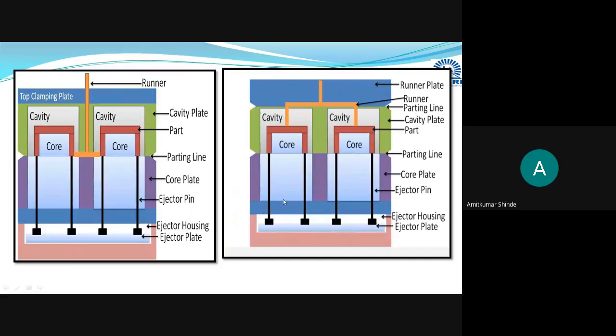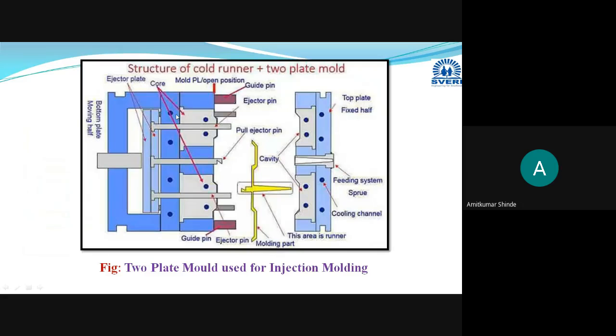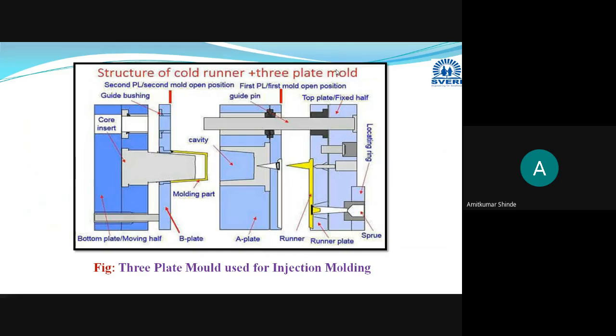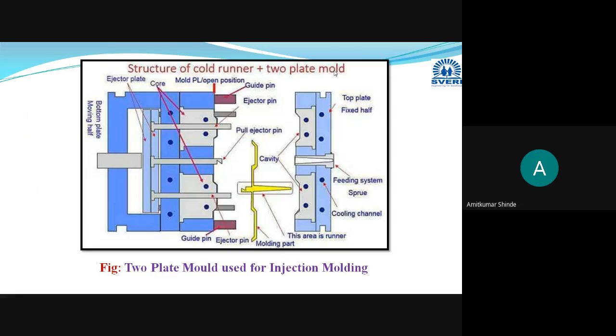These are two plate, three plate mold. These are working diagrams, okay. Structure of runner, cold runner with two plate mold and three plate mold. Already I have explained this, just the view is different.